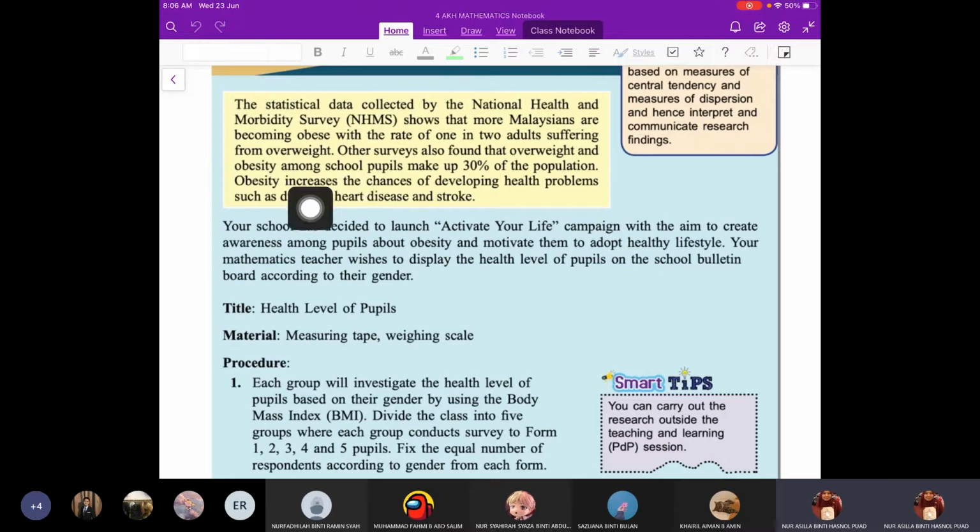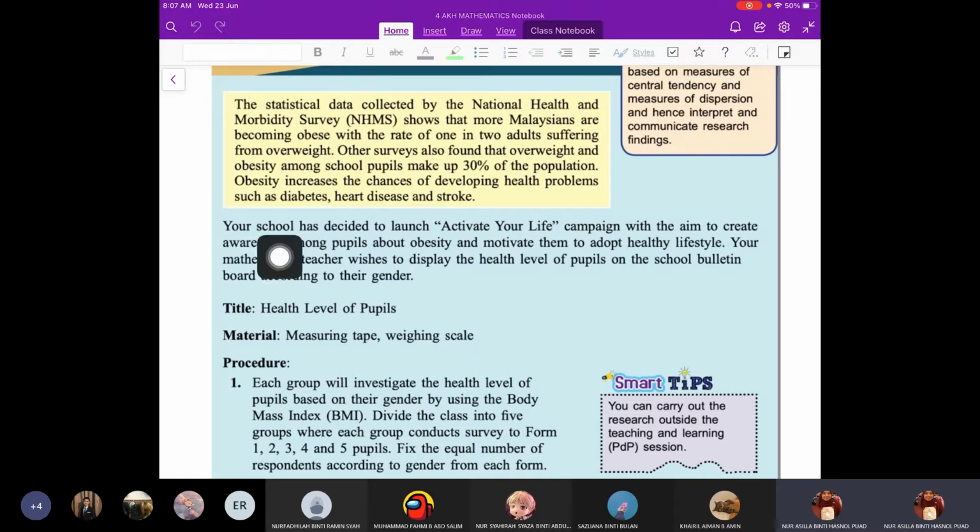Okay, so obesity increases the chances of developing health problems such as diabetes, heart disease, and stroke. So this is actually, I would say, satu petikan from an article, findings yang orang dah buat sebelum ni. Statistical research that someone else has done, dan ni dia punya report.